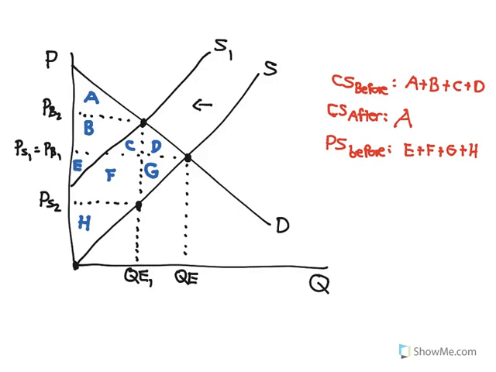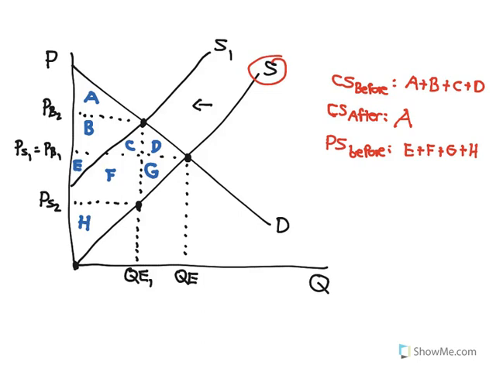Now, when we go to PS2, right? When we have the PS2 price, that's going to change things, right? Because now it's the area above the supply curve, below the price. And you may be wondering, well, which supply curve do we use? We're still using the original supply curve. Because here's the thing. S1 really helps us just visualize the fact that there's a tax, right?